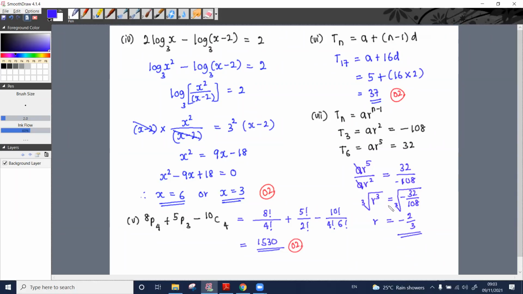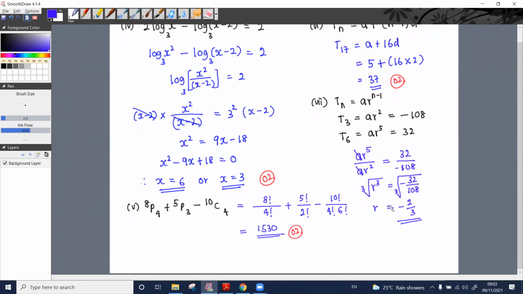Not only that, we need to find the value of a as well. This one from the calculator. So I will write it here. What we need to get is the third root of minus 32 over 108. This is what we need to get from the calculator.